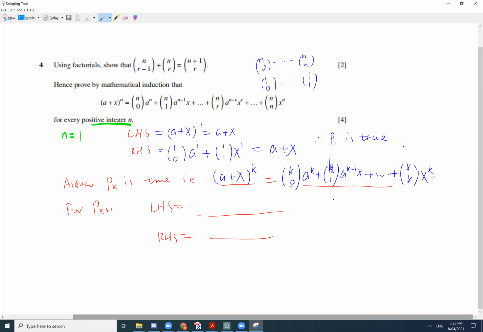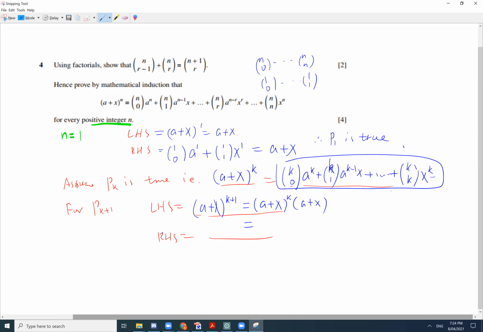For k plus 1, left-hand side is a plus x to the power of k plus 1. We need to use the result in the previous part, so you need to rewrite it. If you rewrite like this, just times one more bracket, you can use this part now.